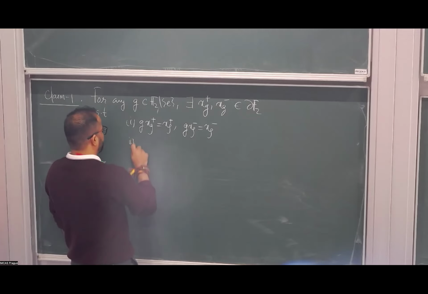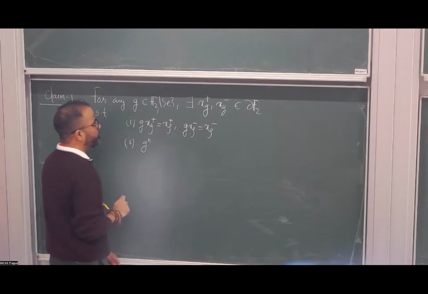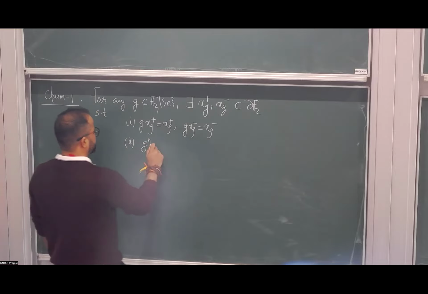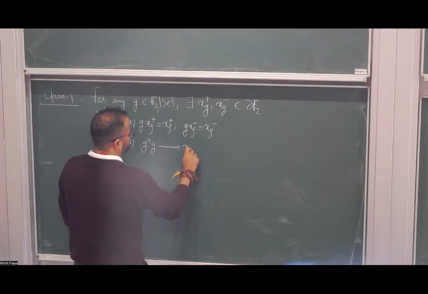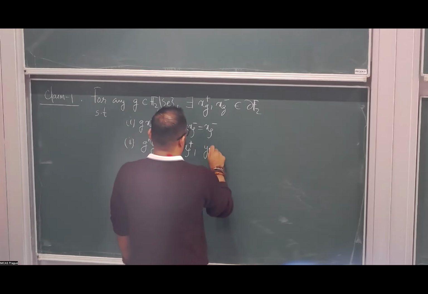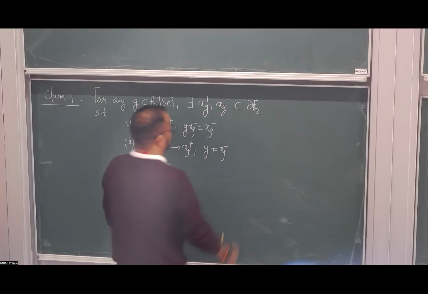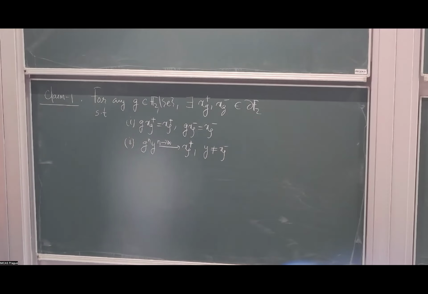Moreover, if you give me any other y which is not x_g minus, then I can send it to x_g plus by g to the power n as n goes to infinity, as long as it is not this other point.